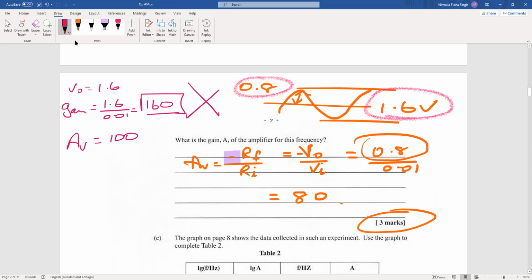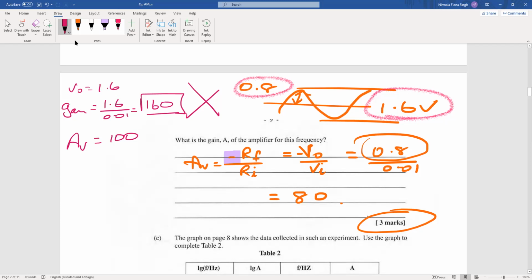Anybody? With the alternating current. Mm-hmm. Why? Okay, let me see if I could get you to explain this properly.